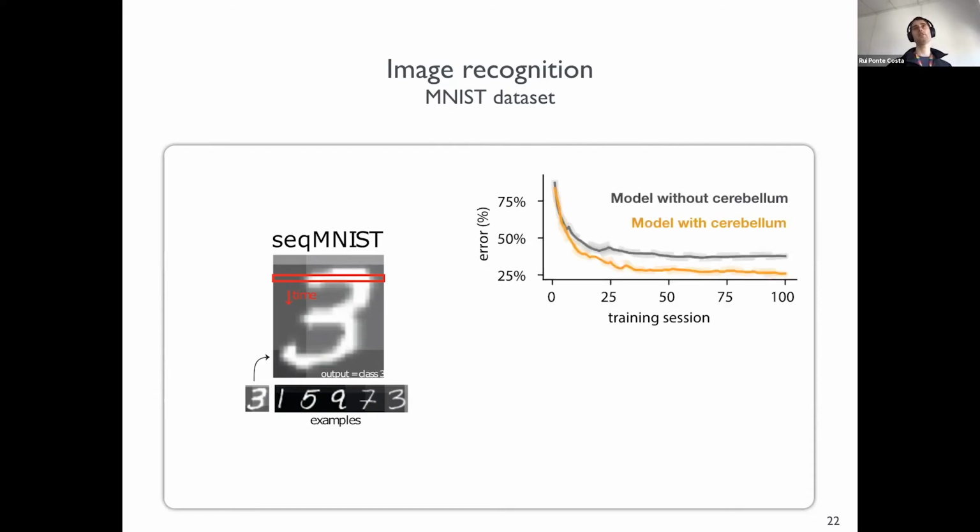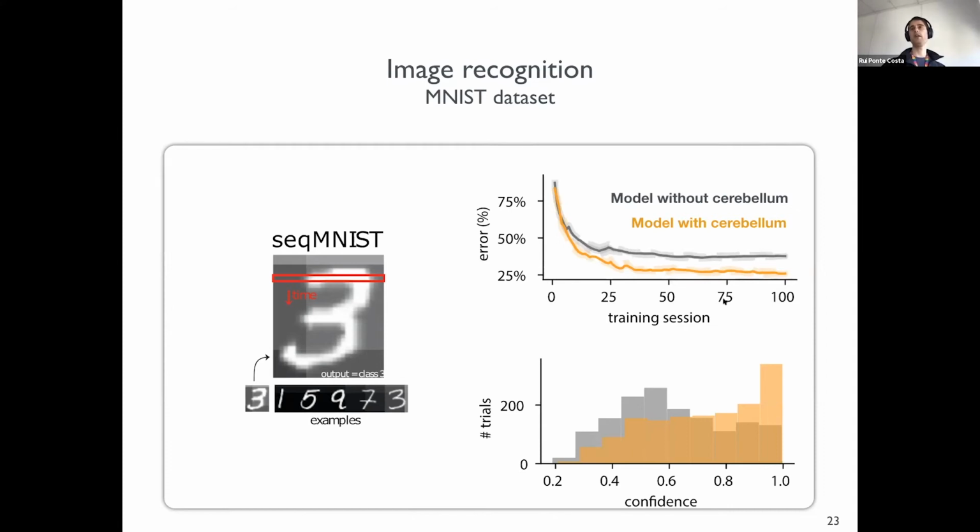And also in this task, we get similar behavior to the previous task. So we observed that the model that has a cerebellum, because it has this inherent decoupling element in the model, shows faster learning compared to a model without a cerebellum. And on top of this, we also see that the models are more certain about their decisions, which resembles this idea of increased variability in cerebellum patients.